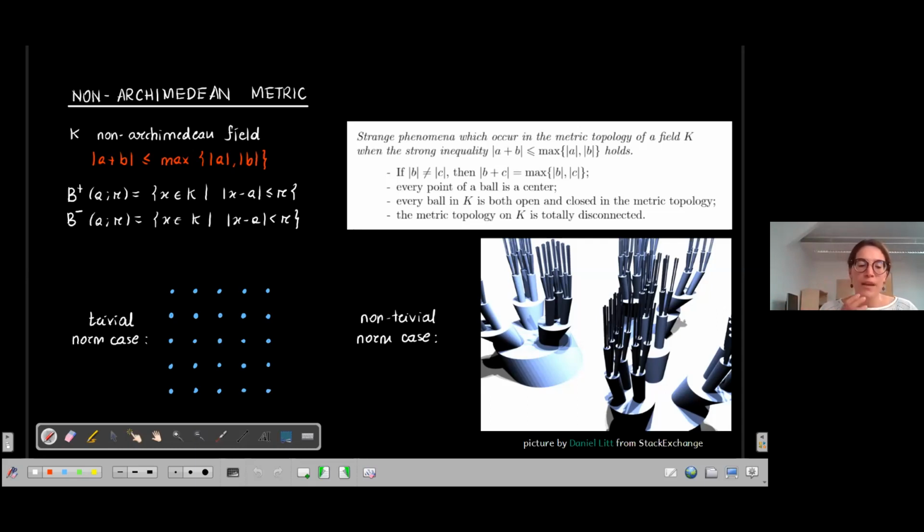And now, in the same way as we think of a complex analytic manifold as a gluing of balls that live in C^n, we could try naively to construct also an analytic manifold over non-Archimedean fields in the same way.